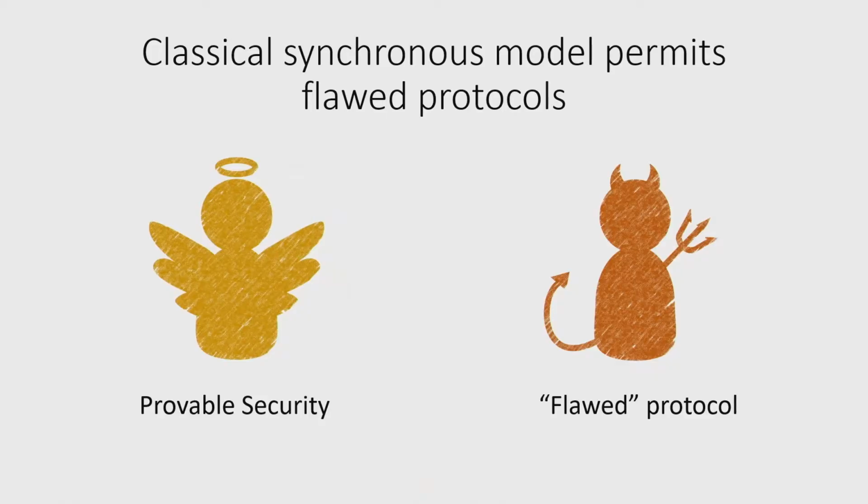OK. So perhaps you are thinking that I'm not talking about anything new, because this is just the assumption of a synchronous network, and this is actually why people use partial synchrony in some scenarios.